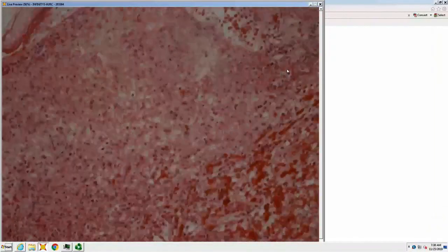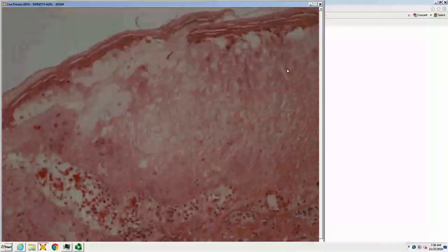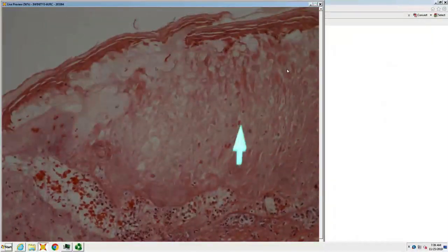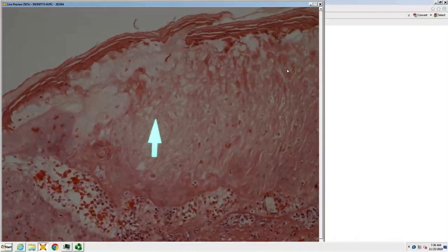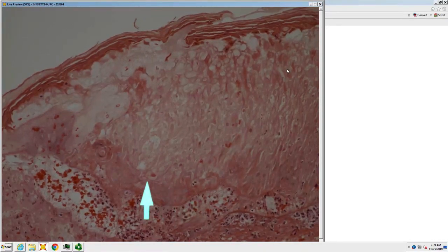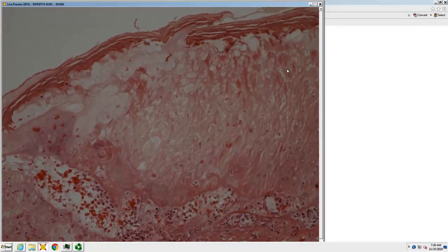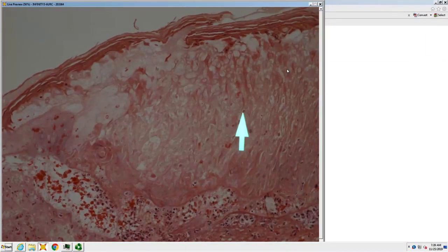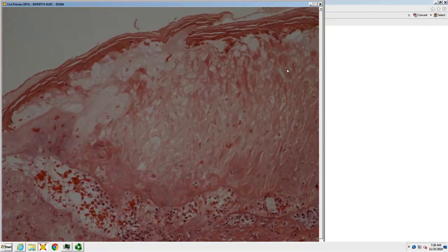So let's look, and you have degeneration here, and you can make out all these pink blobs in the cytoplasm. So more likely parapox with the eosinophilic inclusions. There's a real pretty one right there. So ORF.